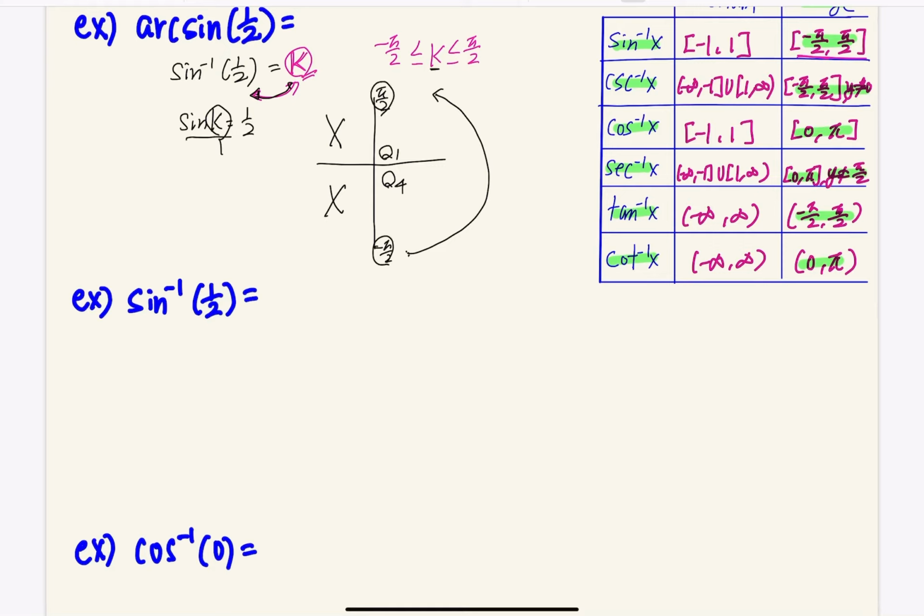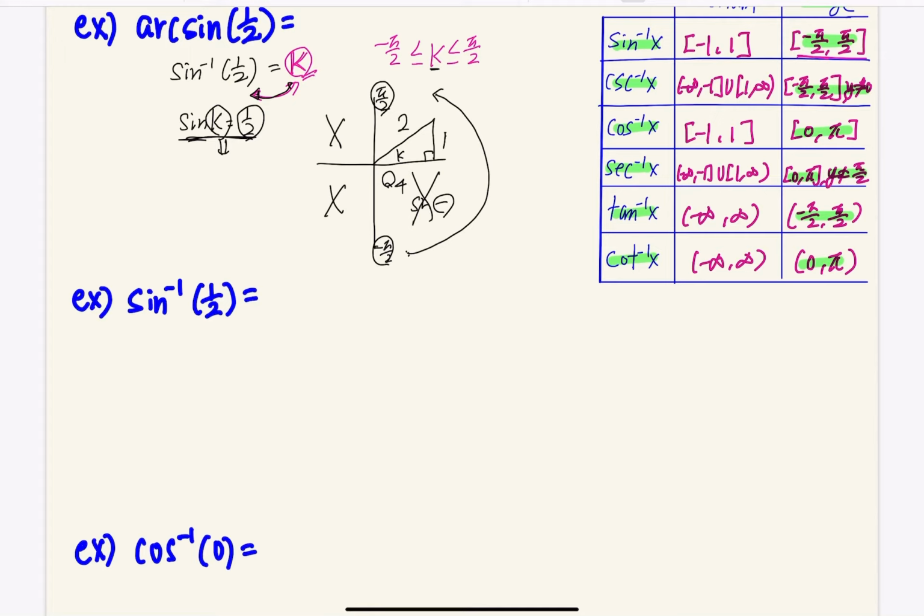And look at the equation. Sine k is 1/2, right? Positive 1/2. In quadrant 4, sine is negative, right? So do not use Q4. Now we know that angle K is in first quadrant. So in first quadrant, create angle K. And sine K is opposite over hypotenuse, right?